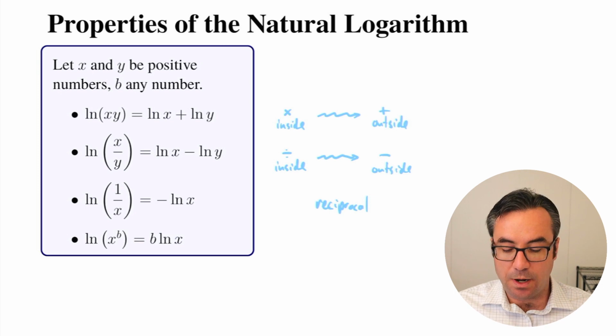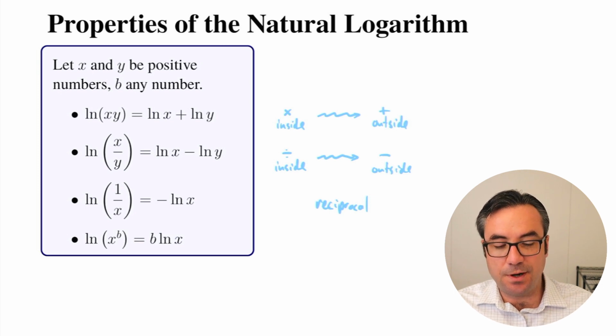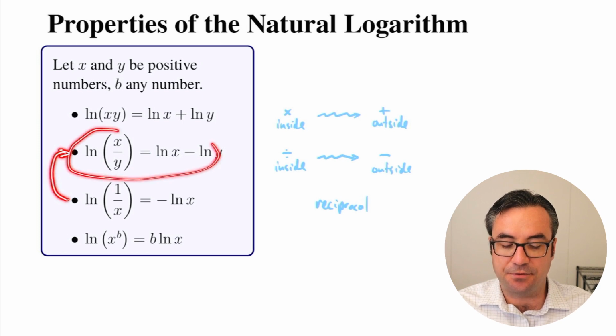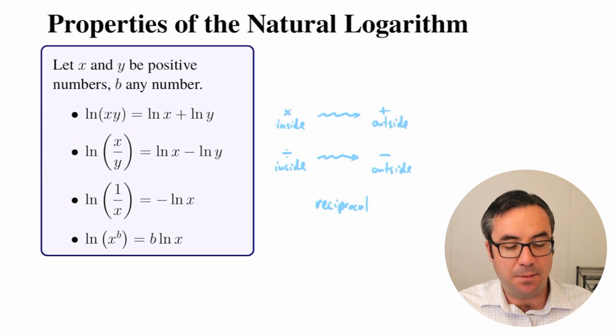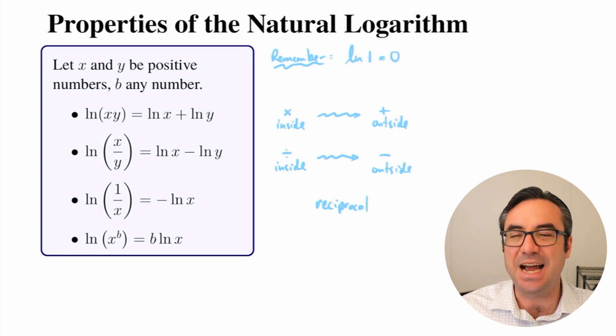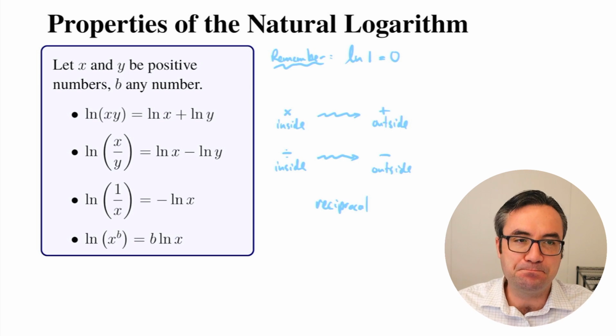And then the last one, and this third one, this is really just a special case of the first one here. It might be helpful to remember that the natural log of 1 is equal to 0. Then you can see why that property works out.